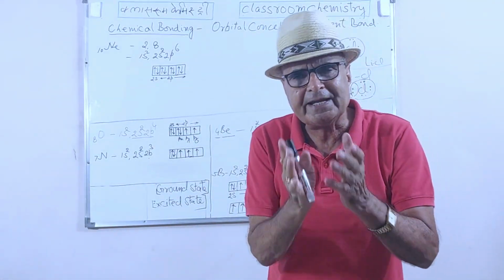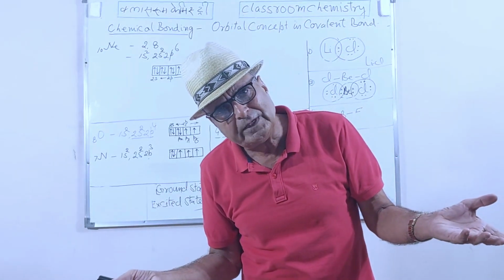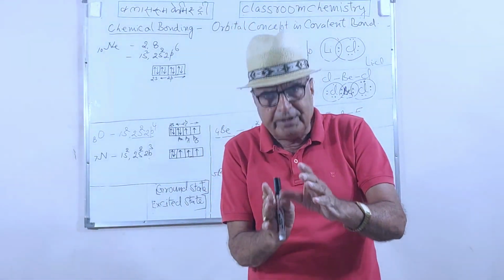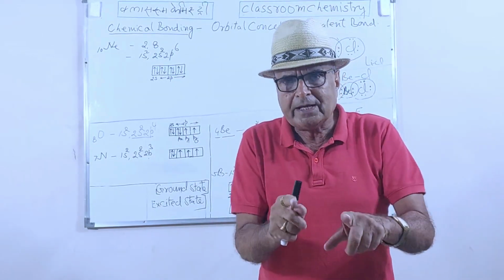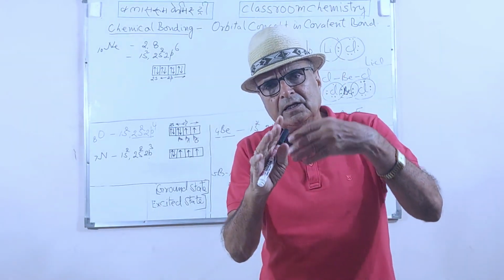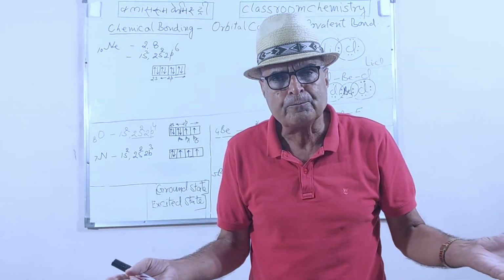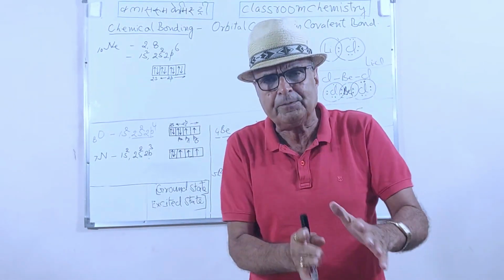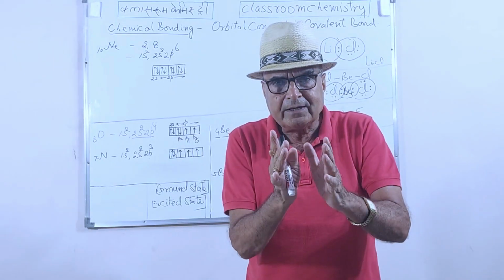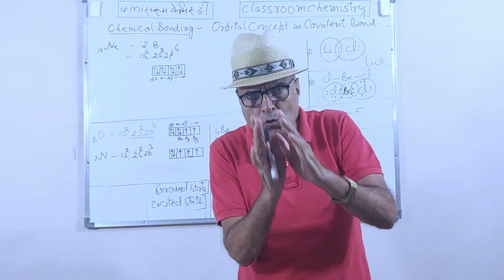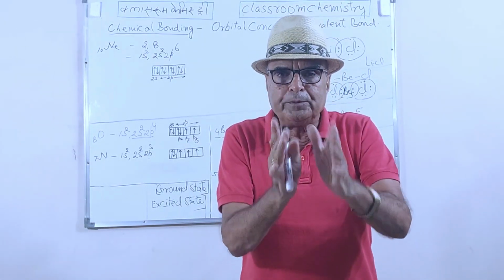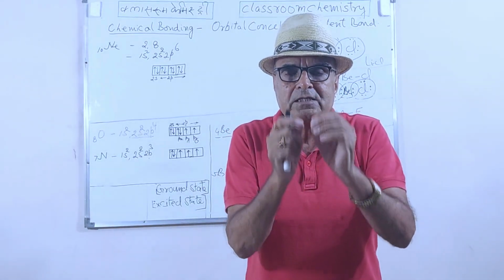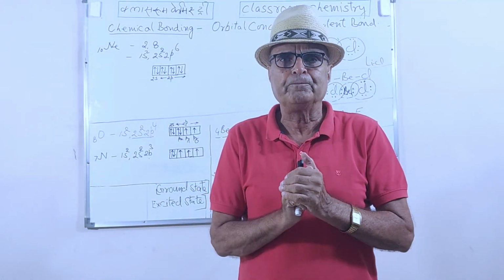Each orbital can acquire only 2 electrons, and according to the spin quantum number, these 2 electrons are found in opposite spins so that they are stable. So when there are 2 electrons in an orbital, that orbital is called a stable orbital.